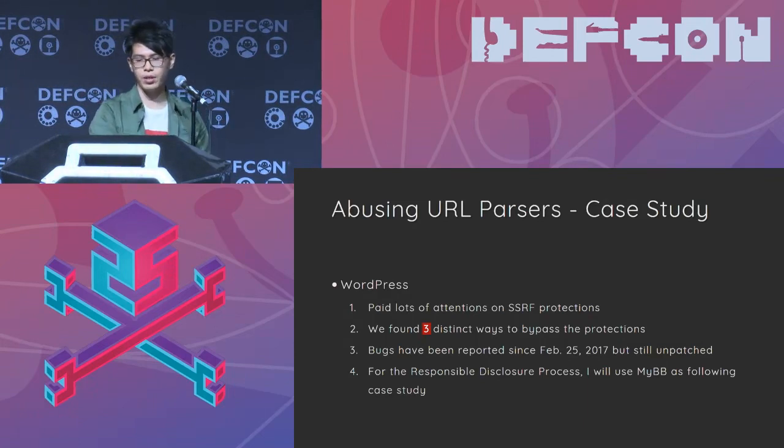The bug was reported several months ago, but is still unpatched. For the responsible disclosure process, I will use MyBB as my case study instead. However, these techniques are very general, so I think you can use them anywhere.